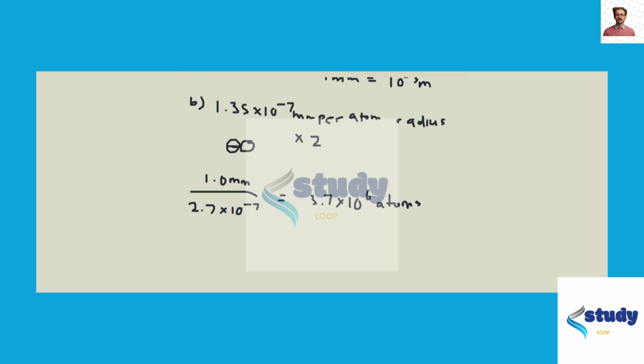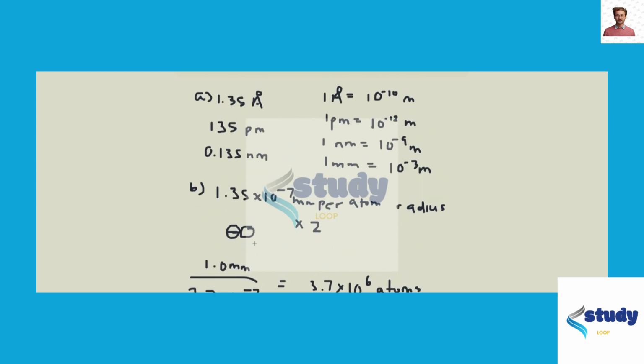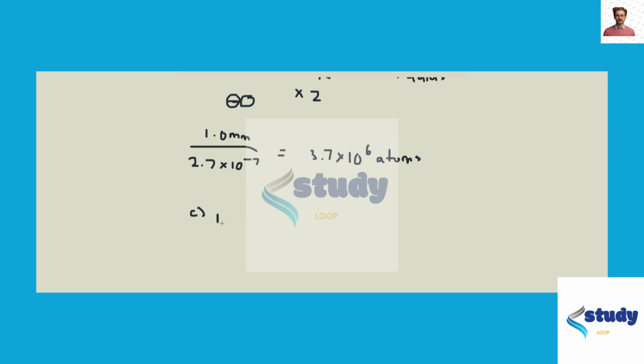All right, and then what is the volume of a single gold atom? We can first convert the 1.35 angstroms to centimeters, and then we'll just calculate the volume using that.